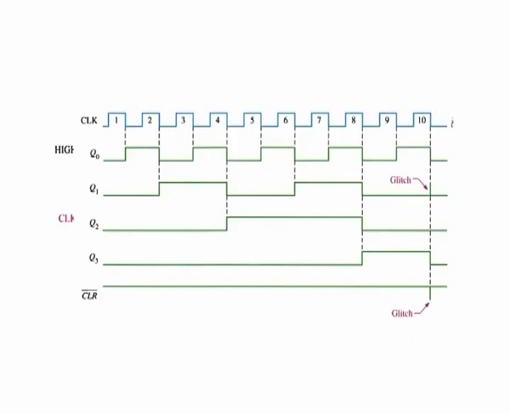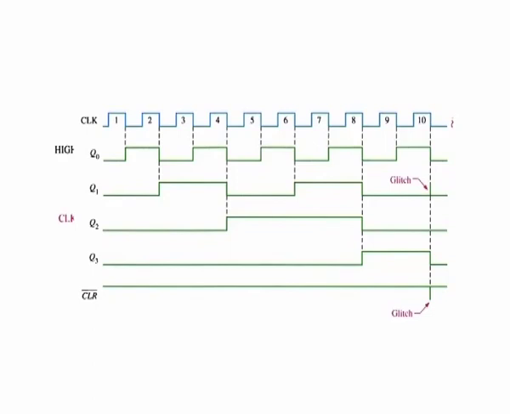Notice that there is a glitch on the Q1 waveform. The reason for this glitch is that Q1 must first go high before the count of 10 can be decoded. Not until several nanoseconds after the counter goes to count 10 does the output of the decoding gate go low.